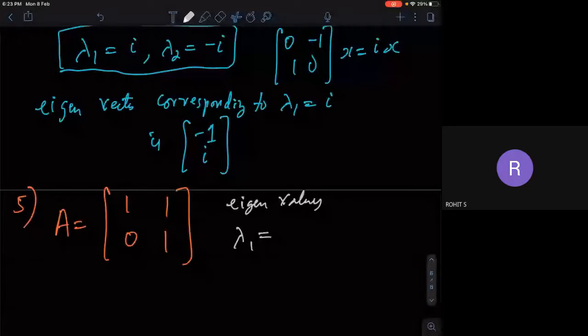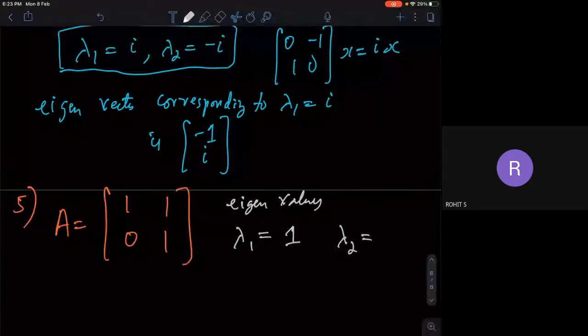One, one. Lambda 1 is 1 and lambda 2. If I know one eigenvalue, what is the other eigenvalue? It's easy to see. Yes, sir. What is the other eigenvalue? 1. Yeah.